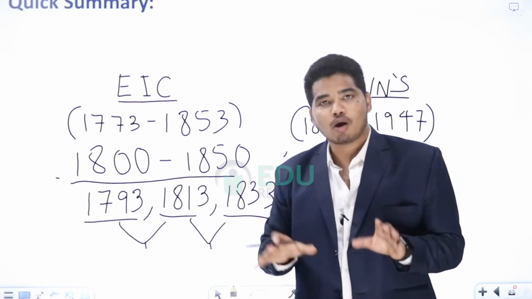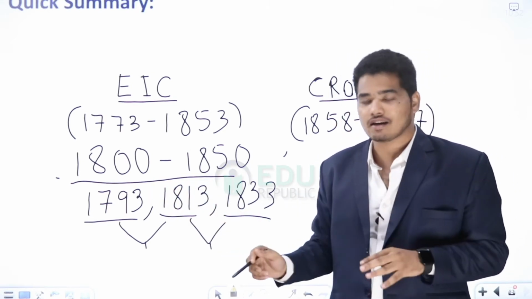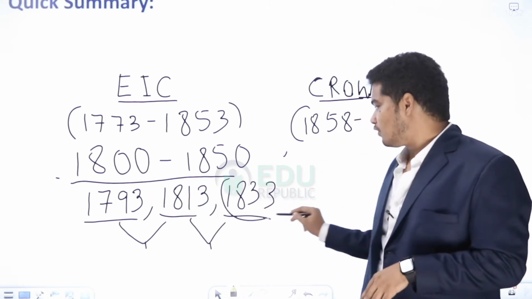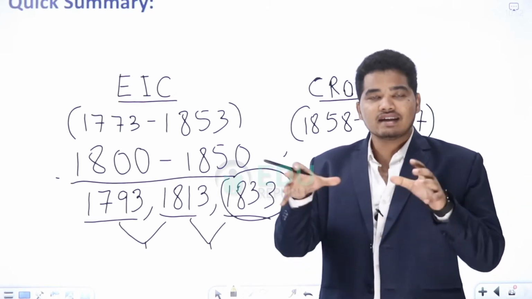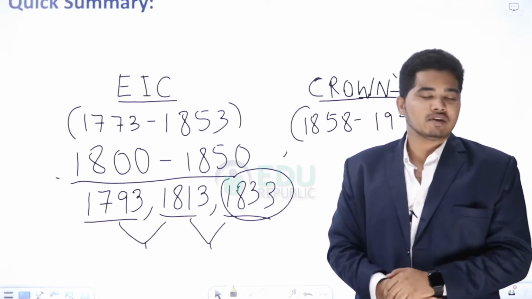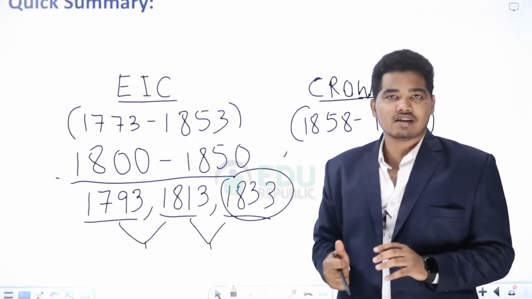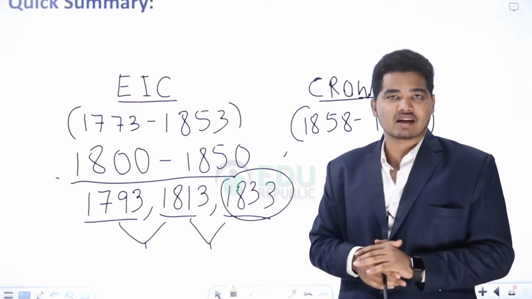The prominent act is the Act of 1833, because it has centralized the authority in India. Previously, I mentioned the Governor General of Bengal, Lord William Bentinck, as the first Governor General of Bengal.